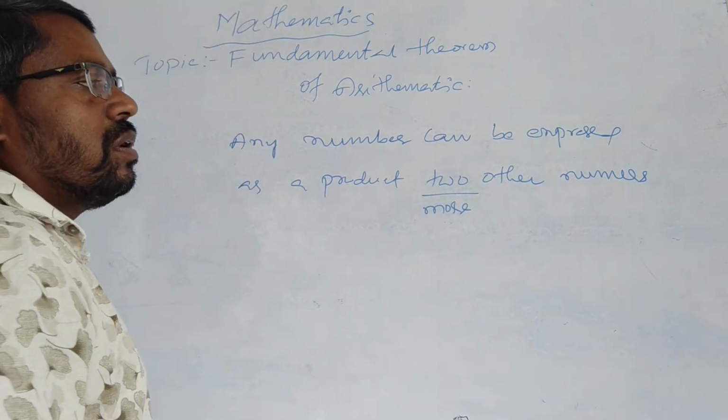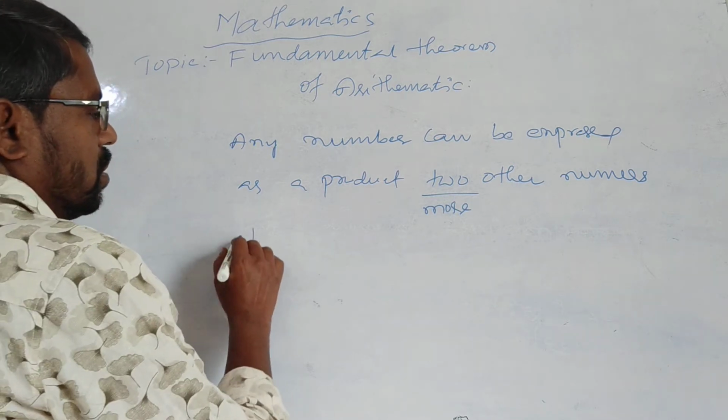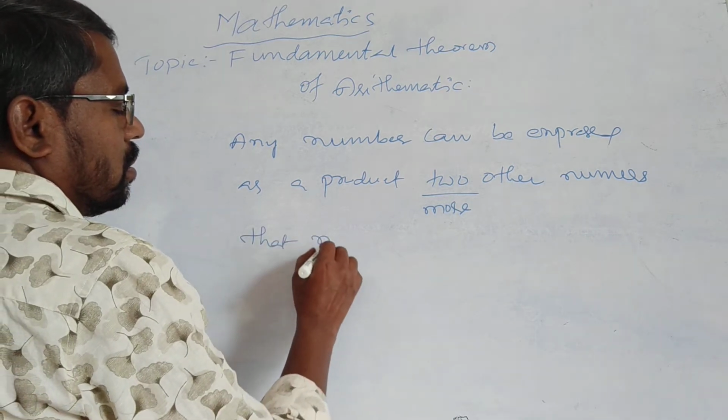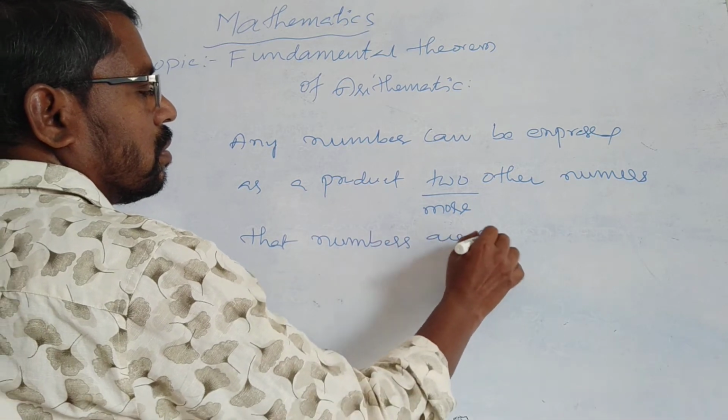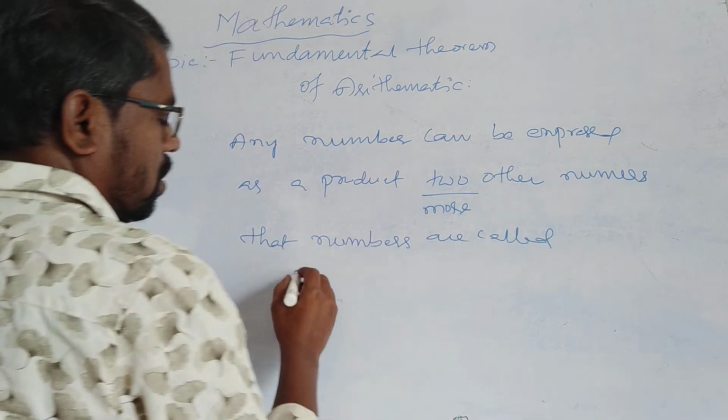Those numbers are called composite numbers.